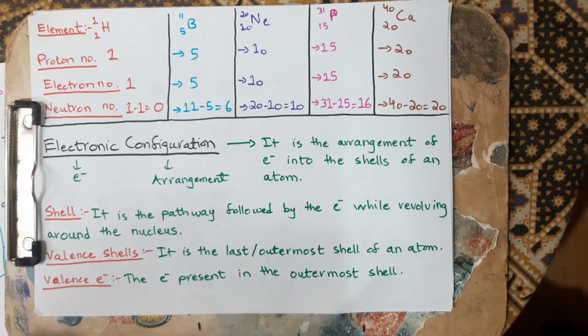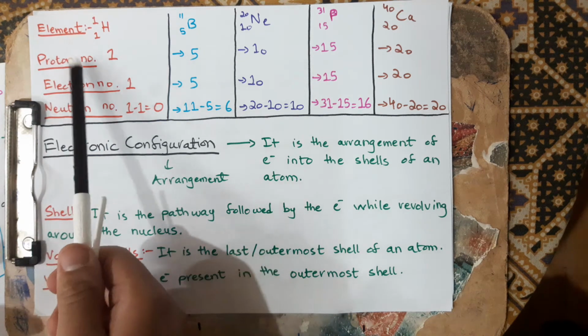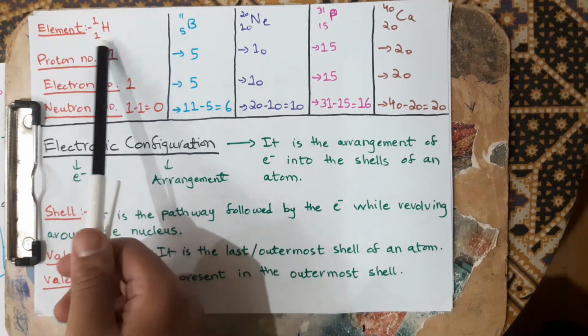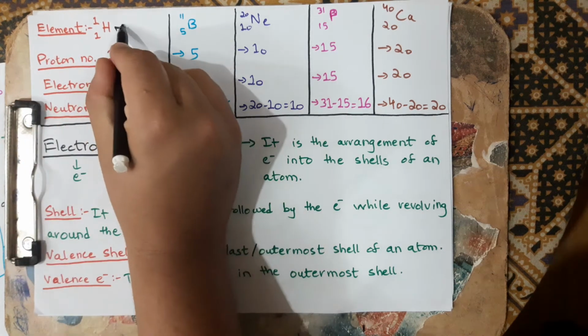Now what we are going to do next is identify the proton number and the atomic number of the elements in the periodic table. For example, we take our element as H, hydrogen.